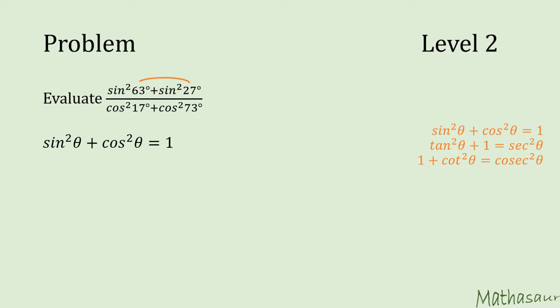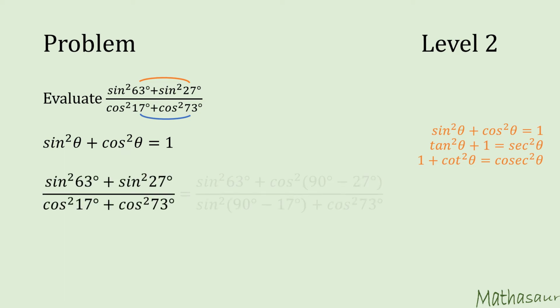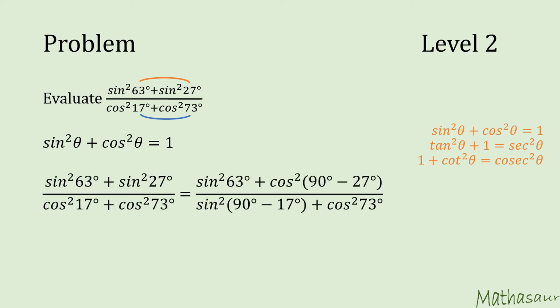However, we can check whether 63 and 27 add up to make a pair of complementary angles. Similarly, we can check if 17 and 73 add up to 90 degrees. Yes, they do. So we could write the numerator as sin square 63 degrees plus cos square 90 minus 27 degrees.